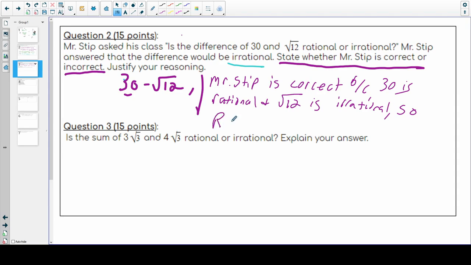So a rational plus an irrational is irrational. Boom. End with a smiley face because we're happy, we got it right, we're moving on.